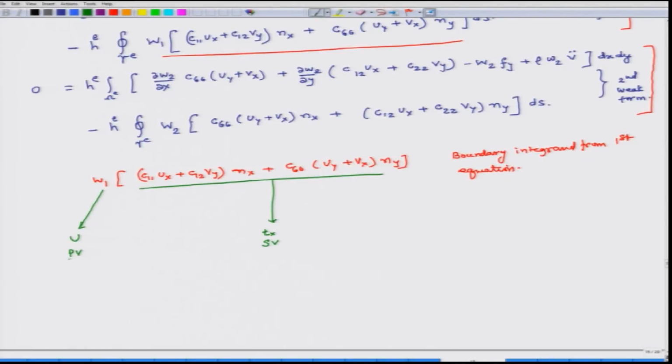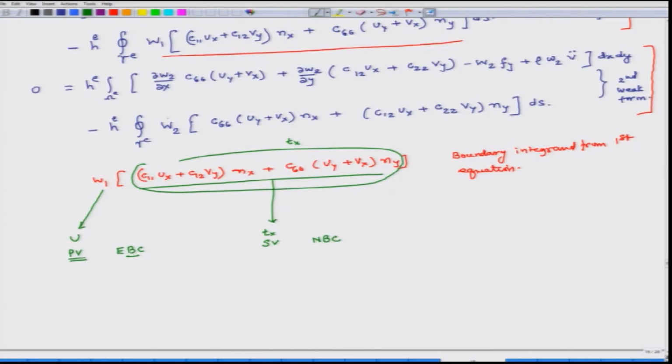If I specify the primary variable, I am specifying the essential boundary conditions. If I specify the secondary variable, I am specifying the natural boundary conditions. So, this entire thing is Tx.